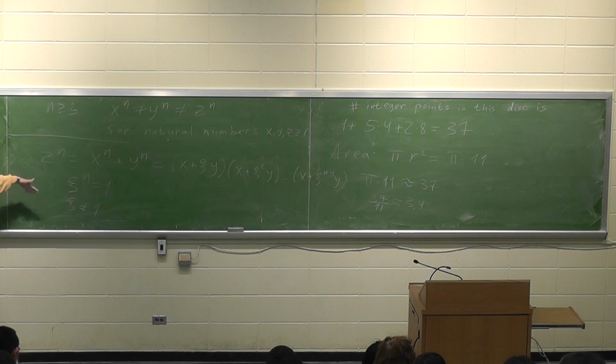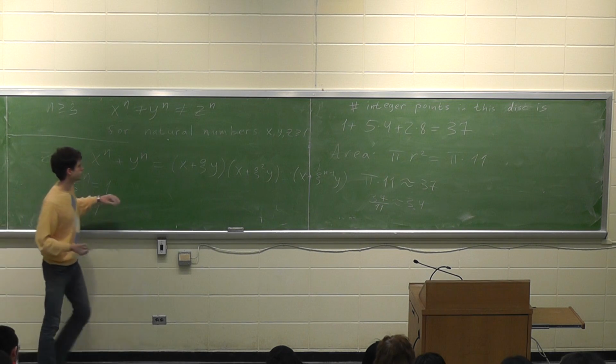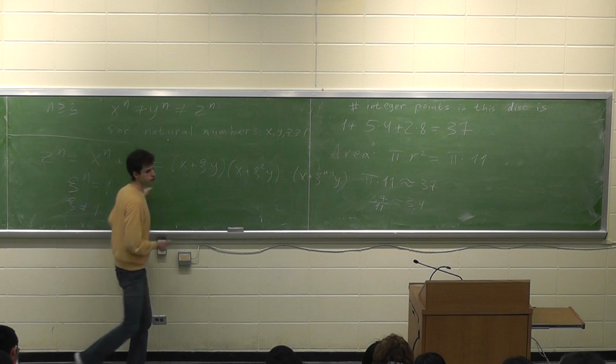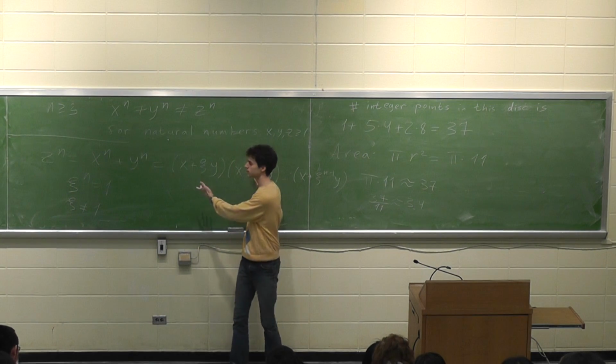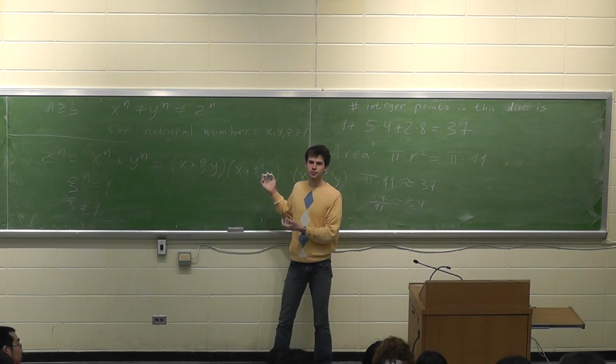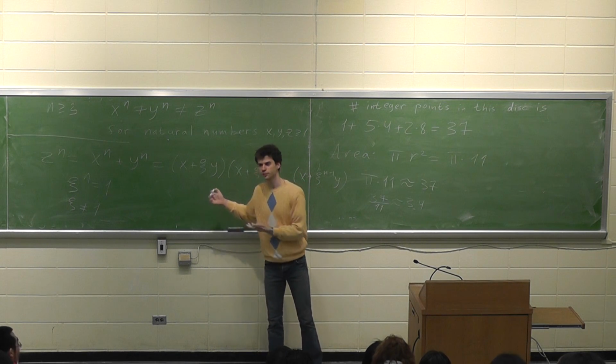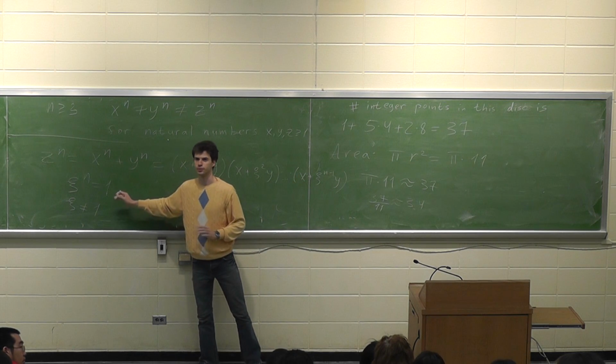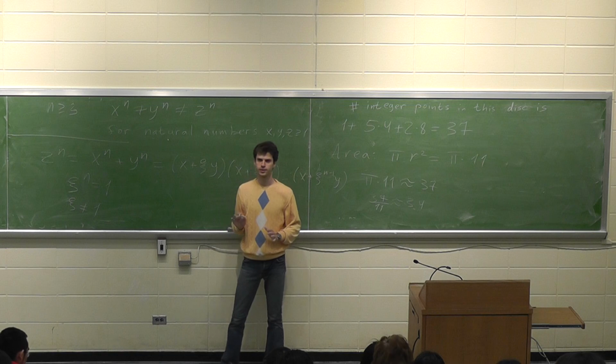So there is some complex number such that this equation actually factors in this way. Not really natural numbers; this number is not a natural number, it is some complex number.